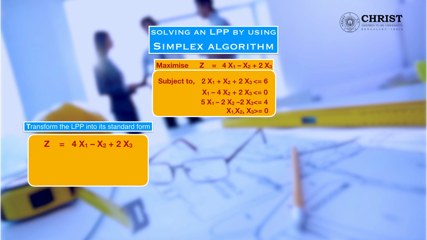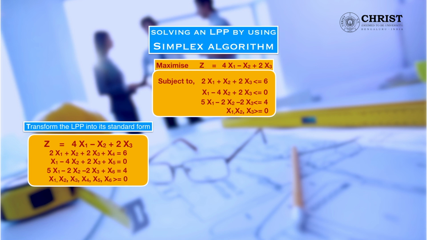The equations now become z is equal to 4x1 minus x2 plus 2x3. Secondly, 2x1 plus x2 plus 2x3 plus x4 is equal to 6. Thirdly, x1 minus 4x2 plus 2x3 plus x5 equal to 0. 5x1 minus 2x2 minus 2x3 plus x6 equal to 4.